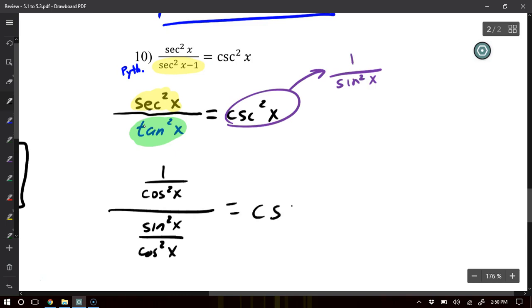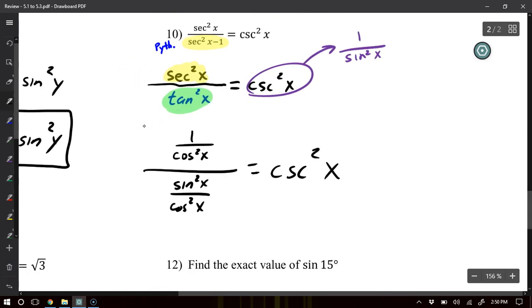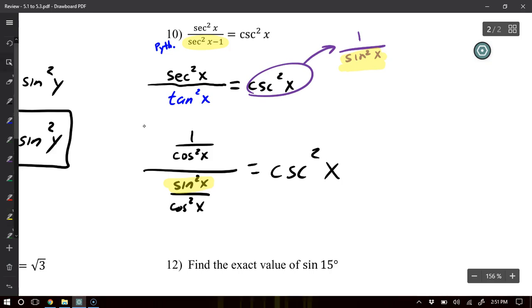My right-hand side stays the same. That's really interesting because I want a sine squared, and I am actually creating a sine squared, which is great. I can see it right here. So I know I'm on the right track.